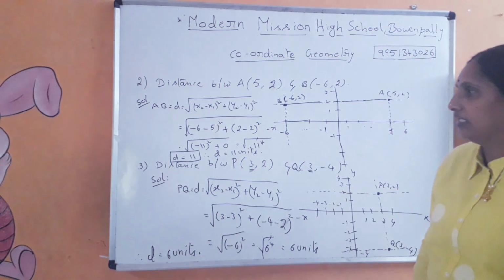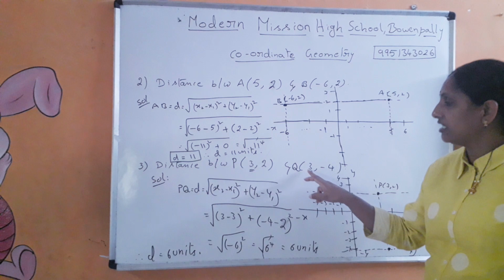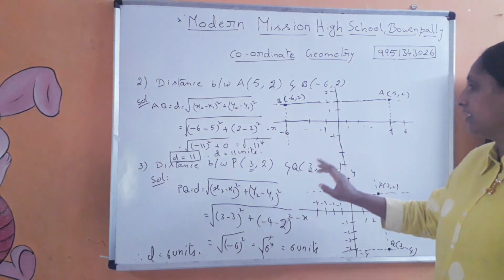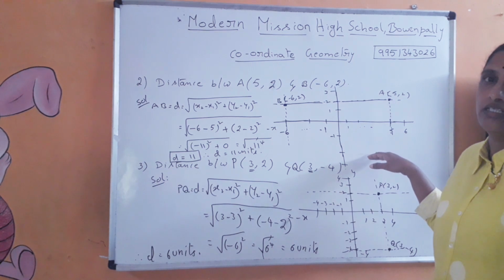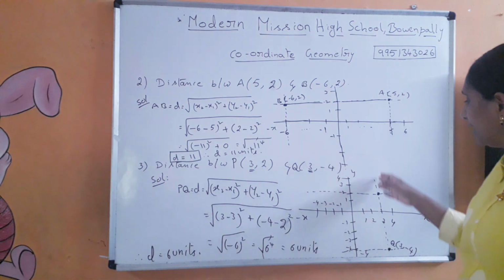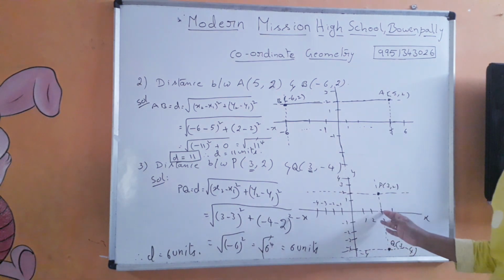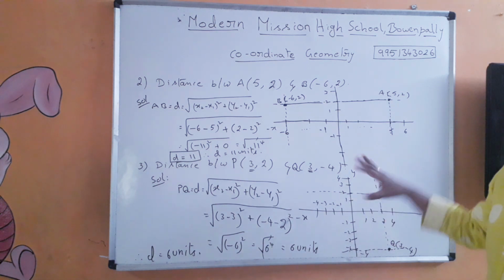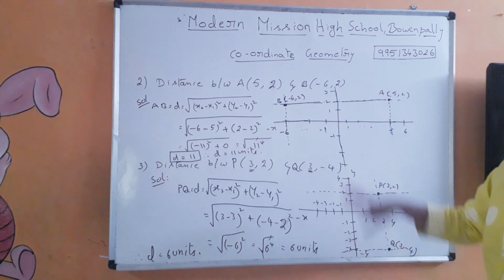And suppose if abscissae are same, then all the points will lie on a line parallel to the y-axis at a fixed distance. Clear?